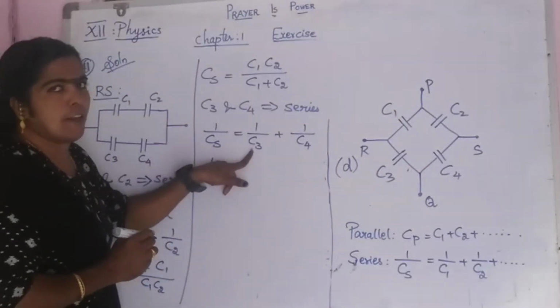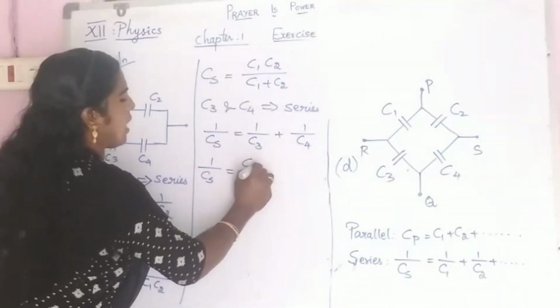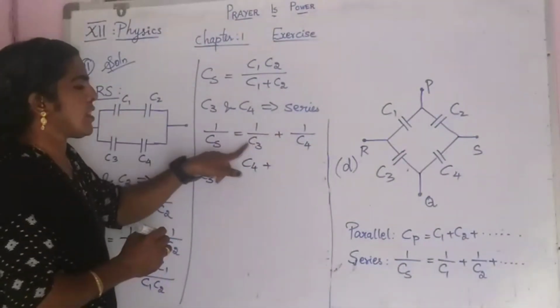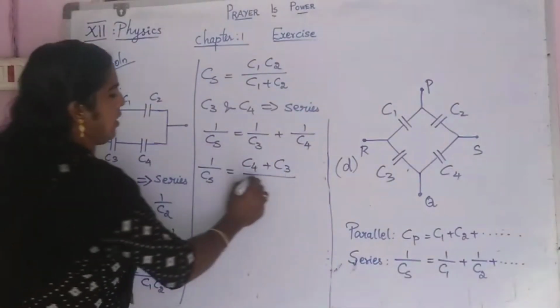The denominators are different, so cross multiply: 1 into C4 plus 1 into C3, divided by C3 C4.